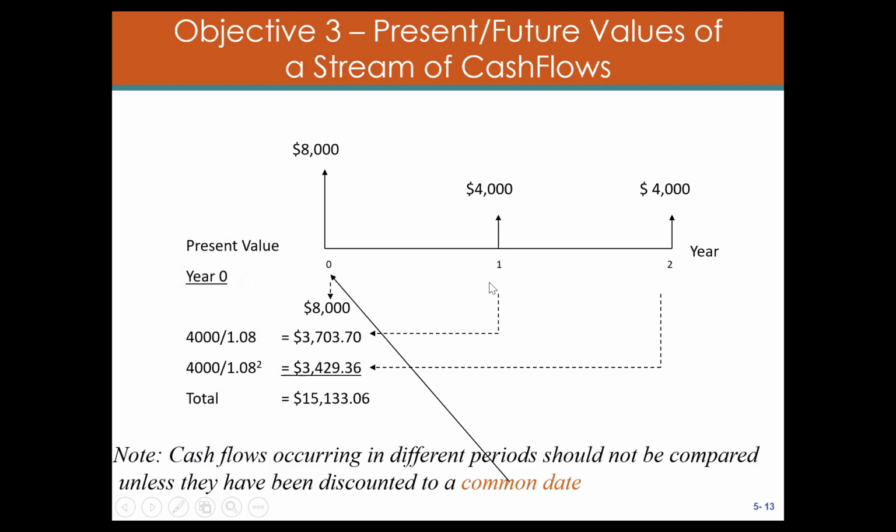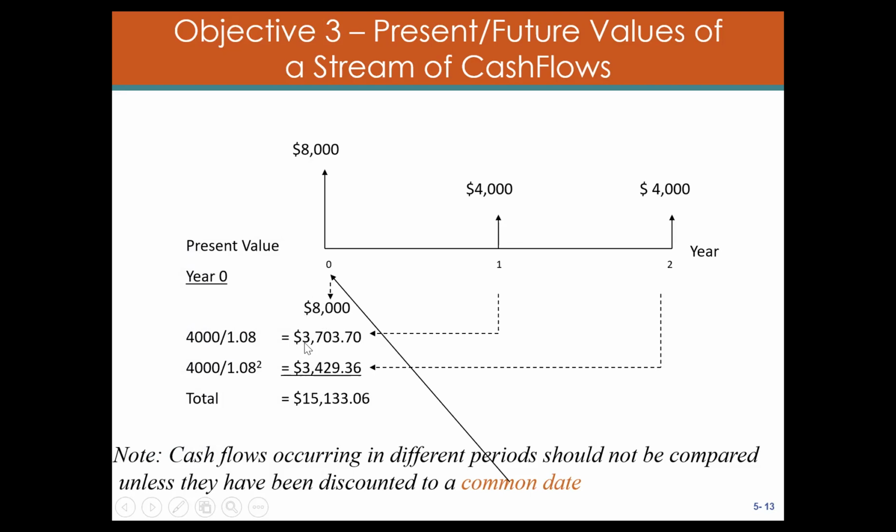What is best to do here is you discount $4,000 by 1.08 to the power 1. So that is discounted here, 4,000 divided by 1.08 to the power 1, which is equal to $3,703.70.